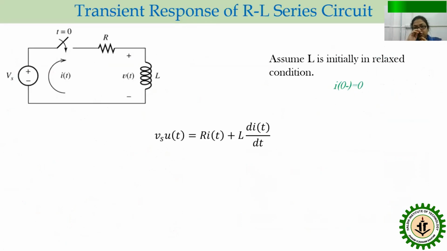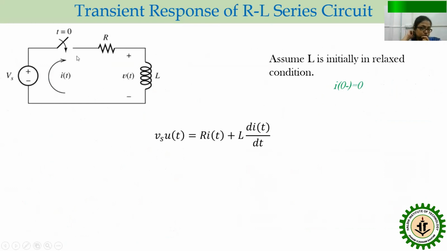Now, coming to today's topic. Today's topic is transient response of RL series circuit. Here I have considered one RL series circuit with one voltage source Vs and one switch.